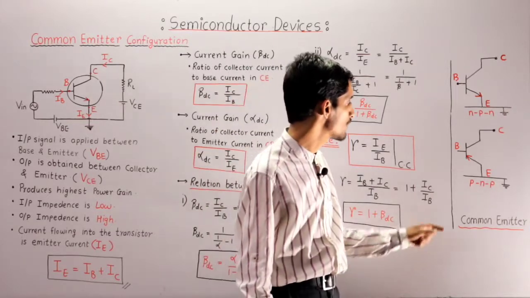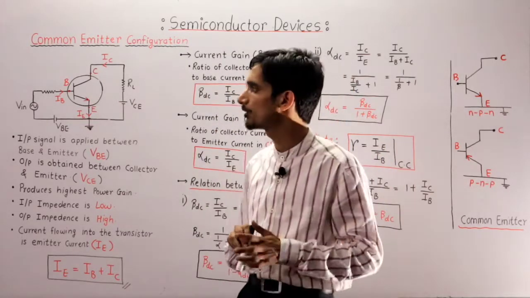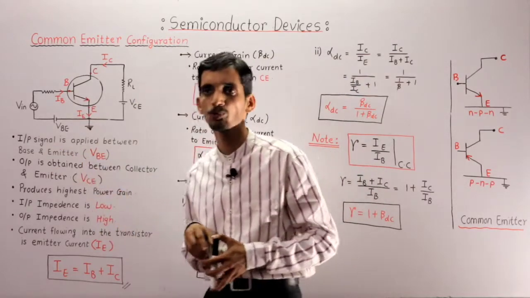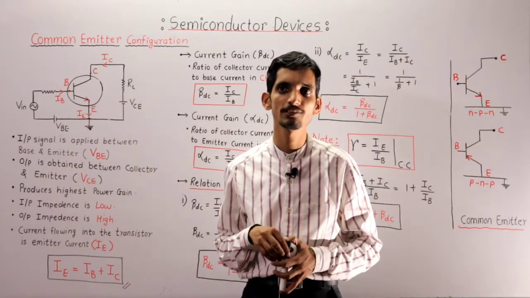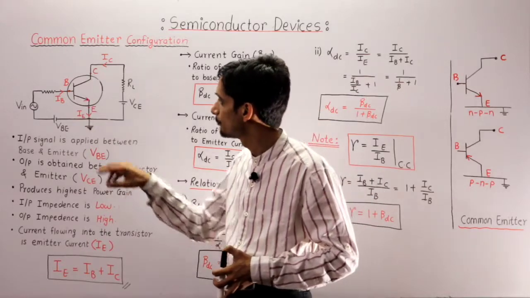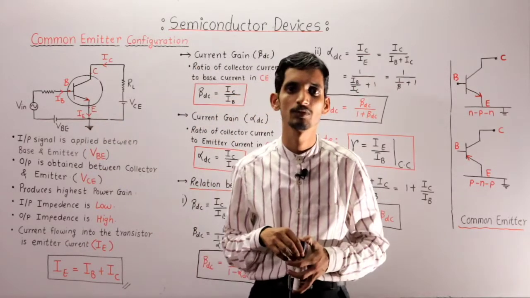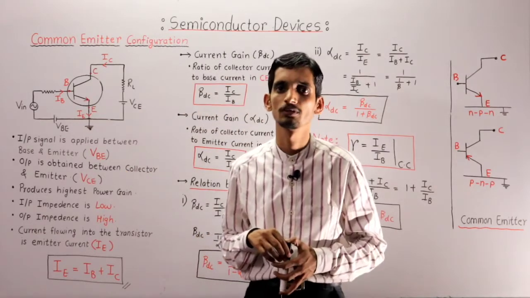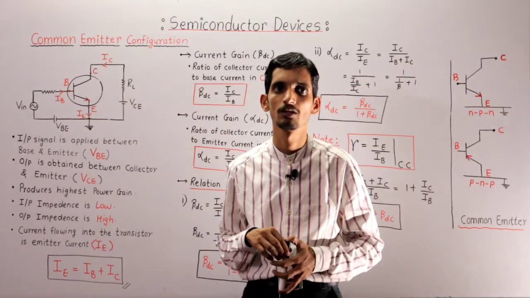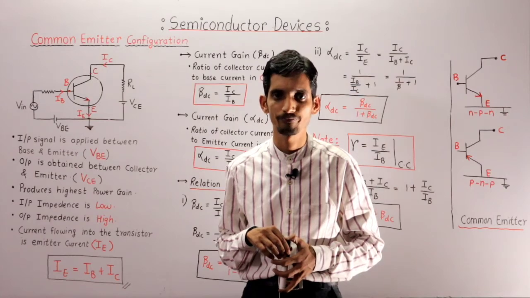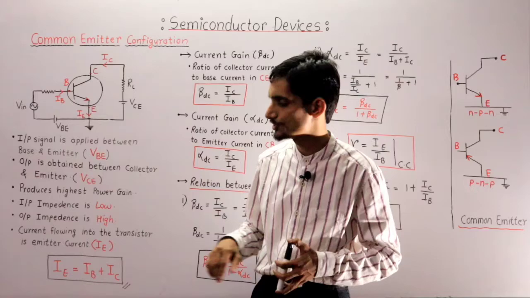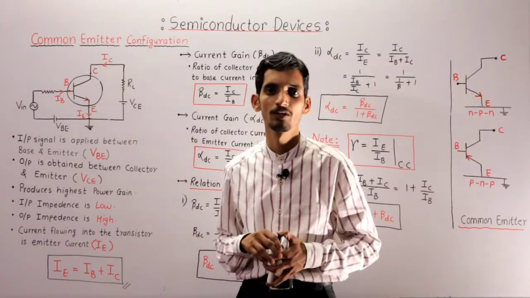Now in this common emitter configuration, the input voltage or input signal is applied between base and emitter, and the output is obtained between collector and emitter, which is VCE.